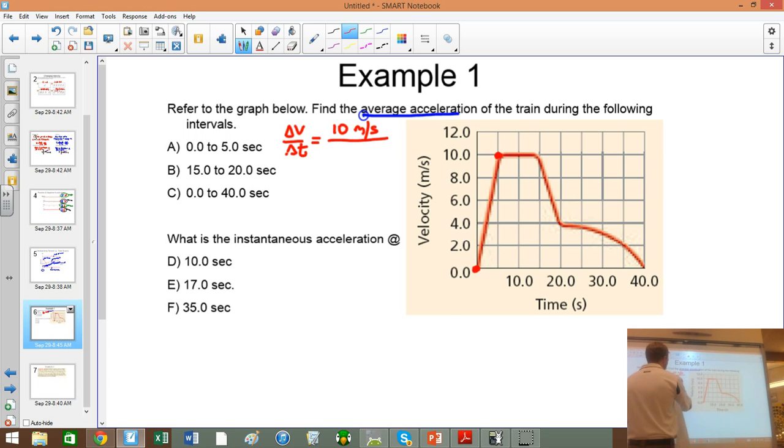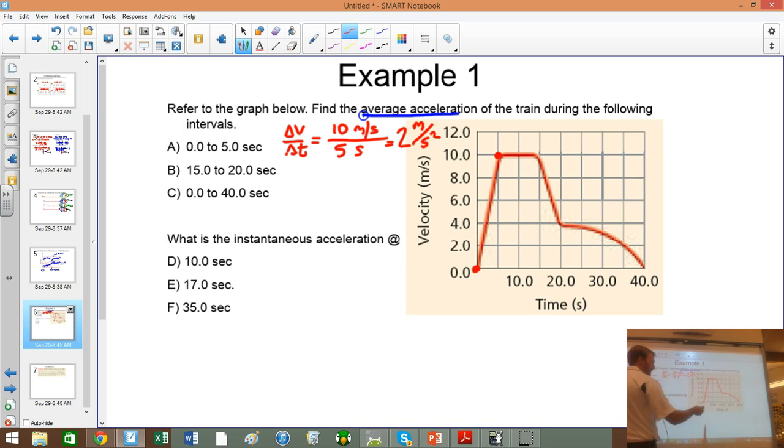And the time was 5 seconds. So this is 2 meters per second per second. So I'm getting 2 meters per second faster every second. And we write that like this, meters per second per second, meters per second squared. These are the units of acceleration.